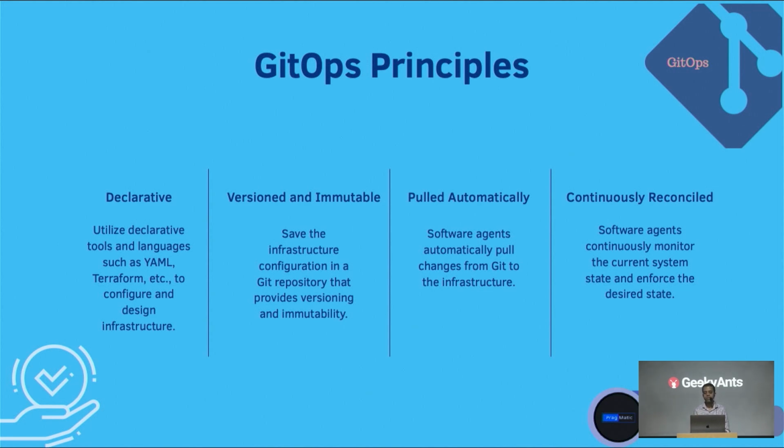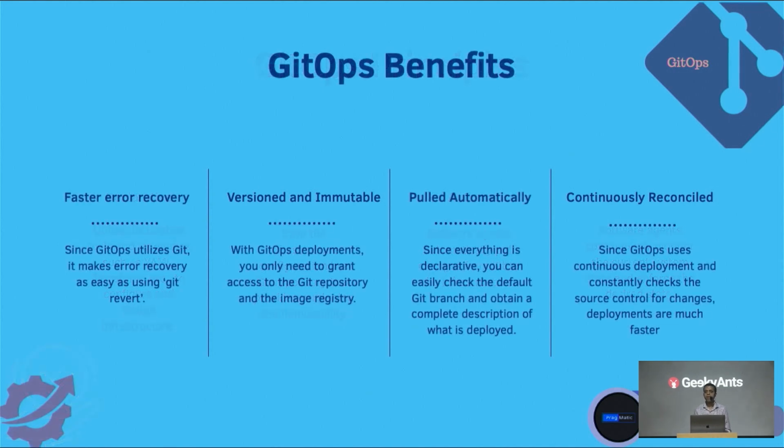If it finds any changes, it will go and implement that in your infrastructure. Now, one of the major advantages of that approach, which we're going to see in the next slide, is the security aspect.